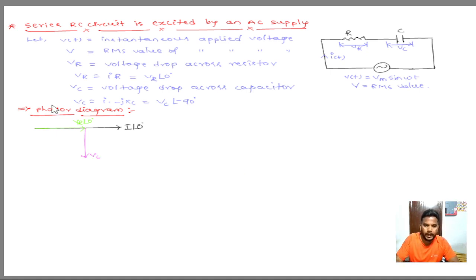When we add VR plus VC, we get the total applied RMS voltage. Joining these two vectorially, we get the total applied voltage V at an angle minus phi. This is our applied voltage.